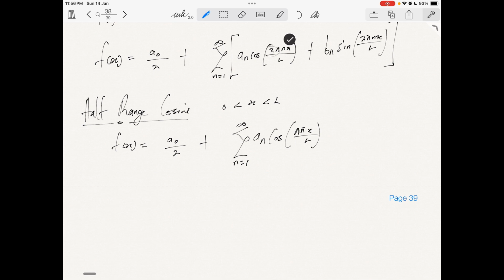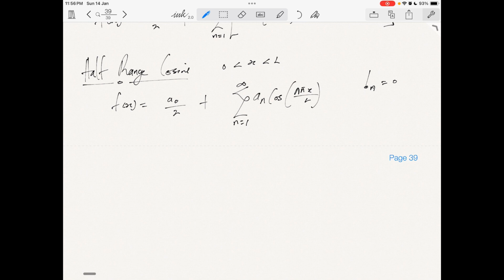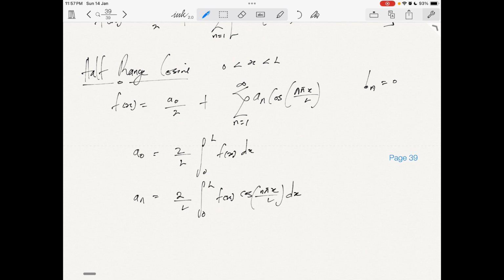This one has 2 in it, however this one just has n. Moving on, we notice that bn is equal to 0, and a naught in this case is 2 over L integral from 0 to L of f of x dx, and an is equal to 2 over L integral from 0 to L of f of x cos n pi x over L dx.